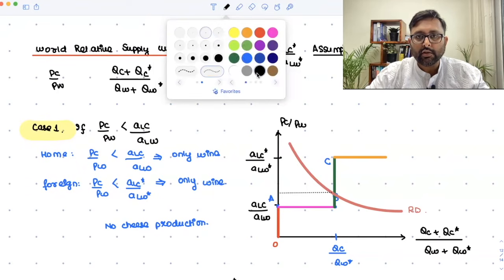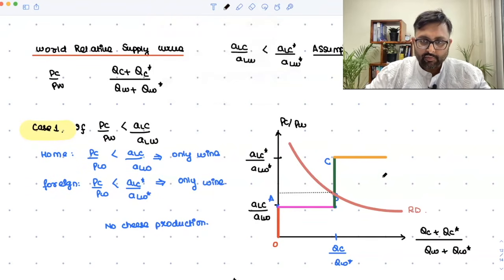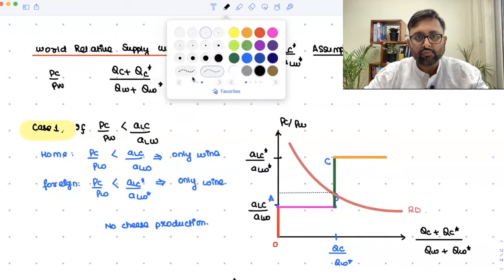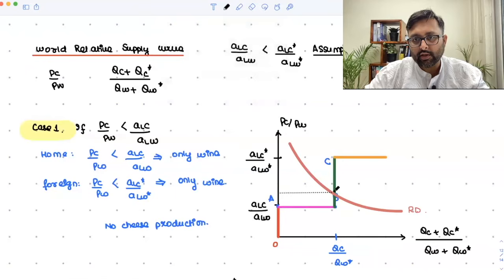This is the equilibrium relative price of cheese and wine, that is PC by PW star. I call this E, the point where they are intersecting.